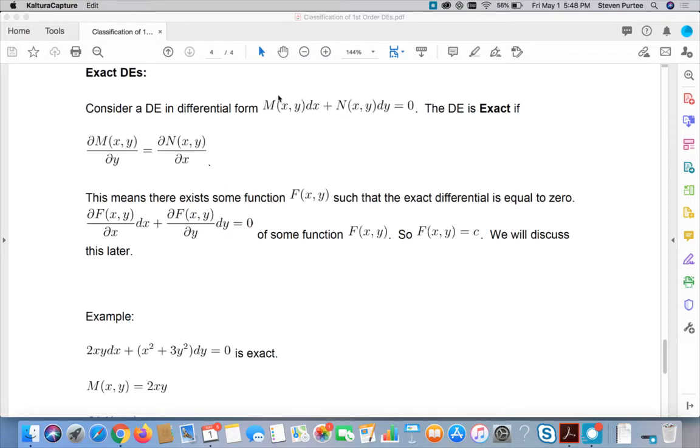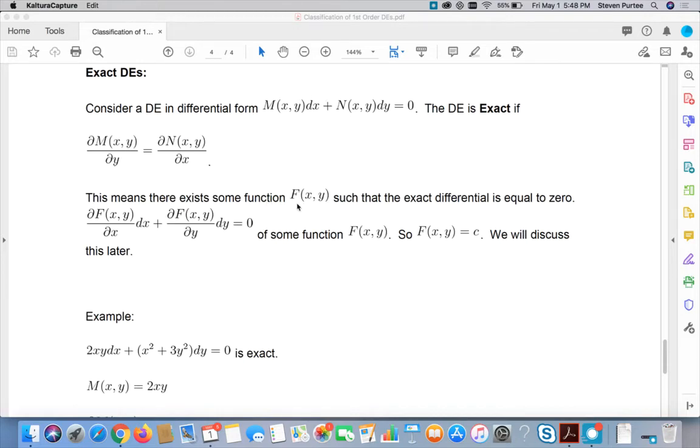What that means is this differential equation we have here was the exact full differential of some higher dimension function. Some function of two variables, some f of x, y. Remember, the differential of a function is the partial with respect to x dx plus partial with respect to y dy.